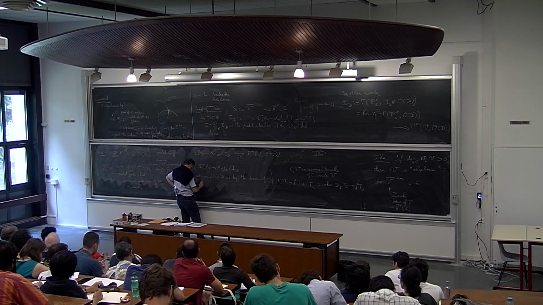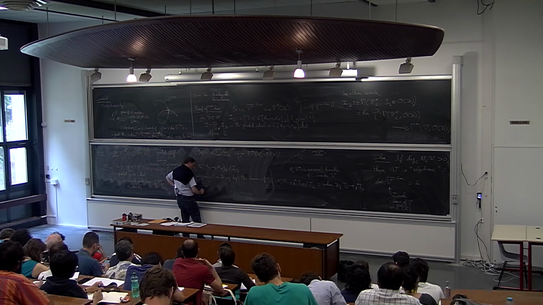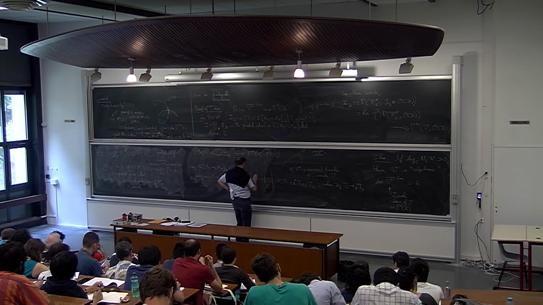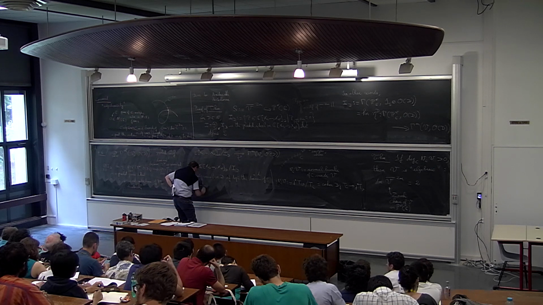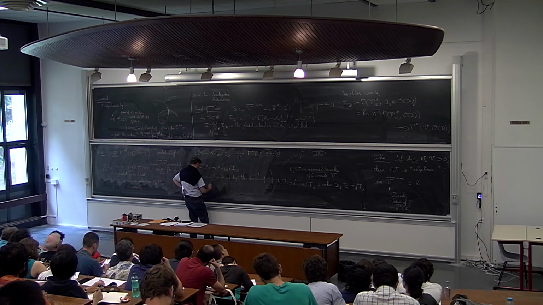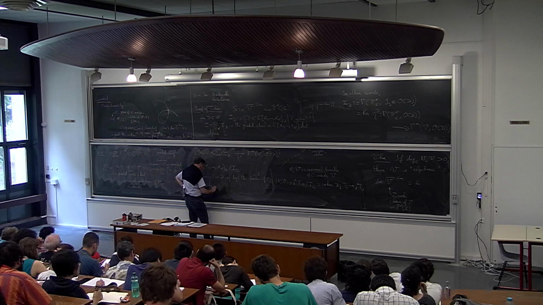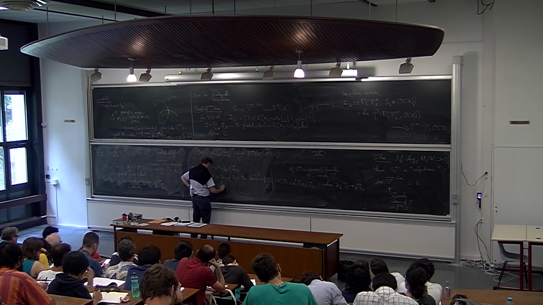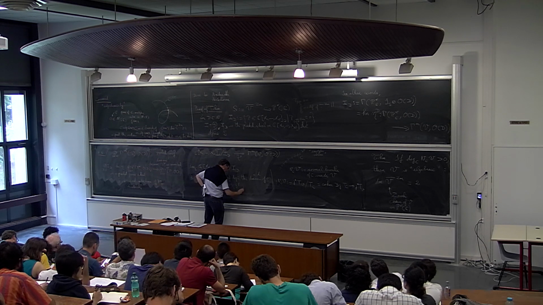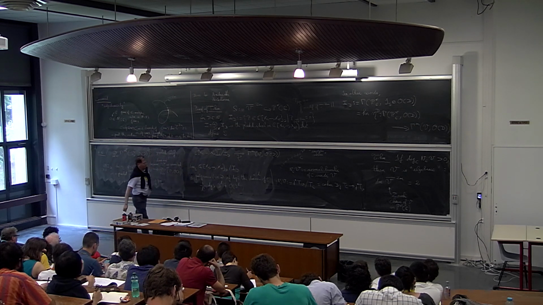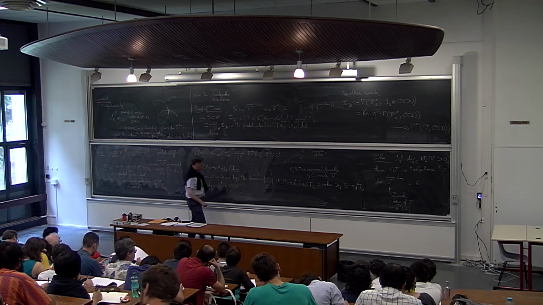It goes like 1 over factorial of the dimension, call this dimension d, times the degree of S, plus smaller order terms. Okay? For d large.